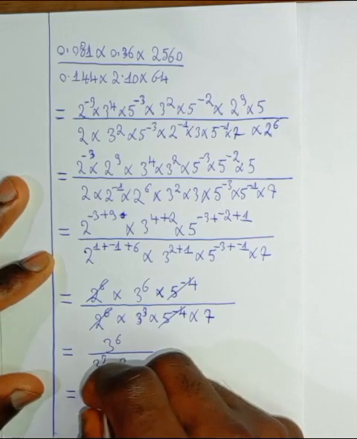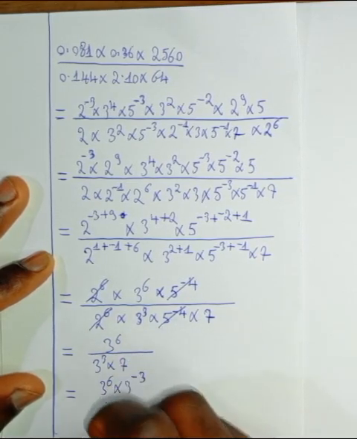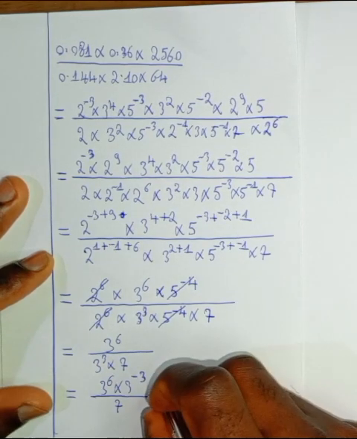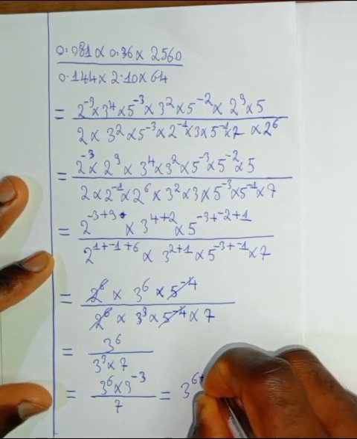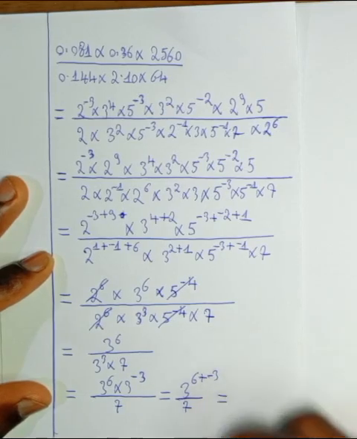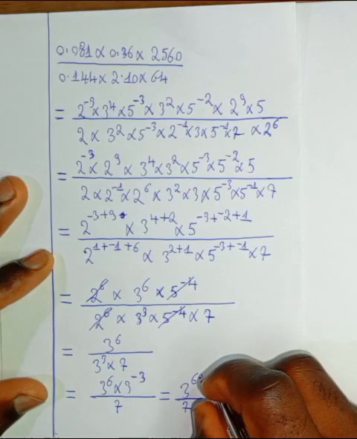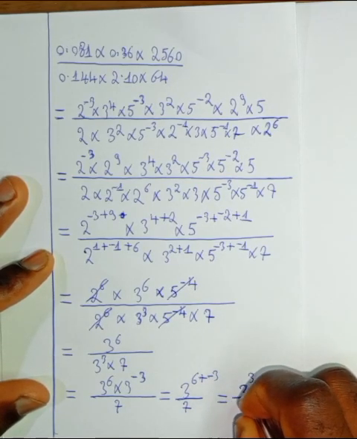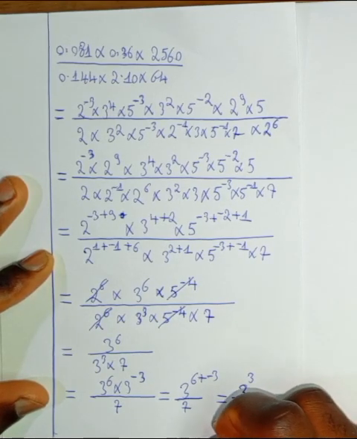This will give us 3 raised to the power 6 times 3 raised to the power negative 3, the power becomes negative, all over 7. And this will simply be equal to 3 raised to the power 6 plus negative 3 over 7, which is the same as 6 minus 3, which is 3 raised to the power 3 on 7. And this is our final answer.